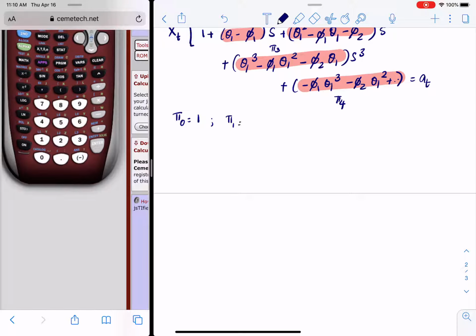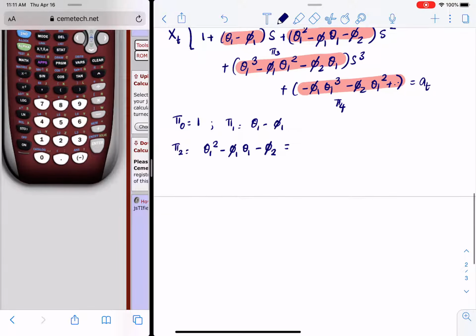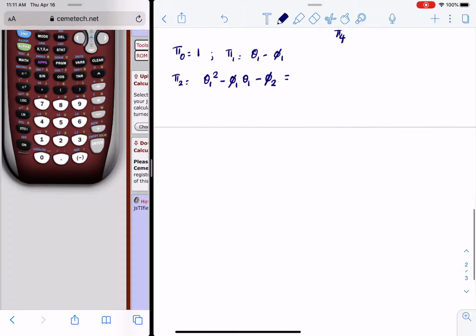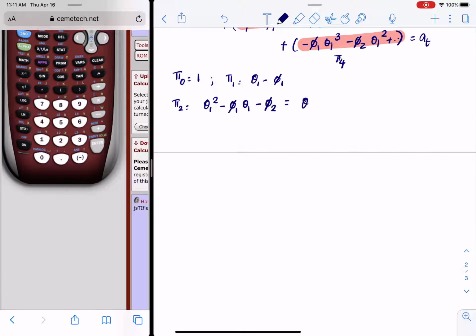Pi1 would be theta1 minus phi1. Pi2 would be theta1 squared minus phi1 theta1 minus phi2. I could pull out theta1 from the first two terms. I would have theta1 times (theta1 minus phi1) minus phi2. But we know that theta1 minus phi1 is pi1. So pi2 is theta1 times pi1 minus phi2.